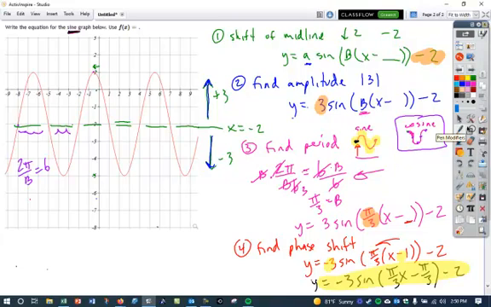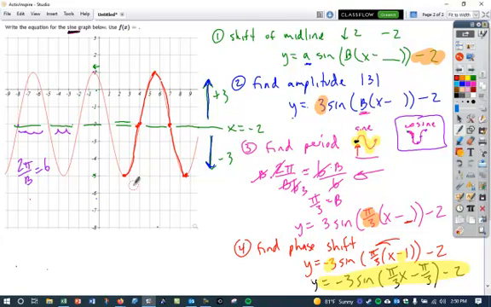Okay, so let's just say I'm working through this and I want to use cosine, but I also want to use it starting at the minimum. So let's say I take this portion of the graph from the minimum, midline, maximum, midline, minimum. That represents one period of the graph.